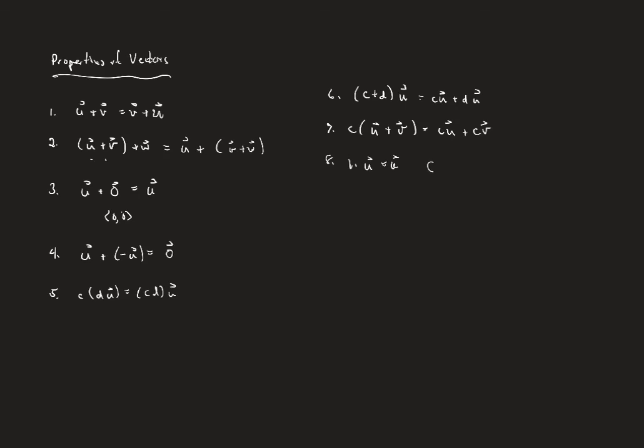And likewise, 0 times any vector gives you the 0 vector. And this may or may not be believable, but the magnitude of a constant times a vector is going to be that constant times the magnitude of that vector.